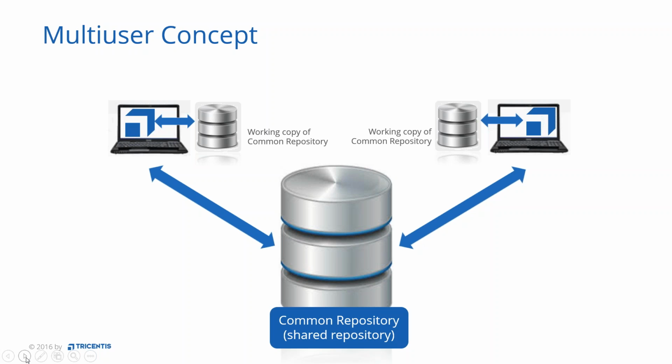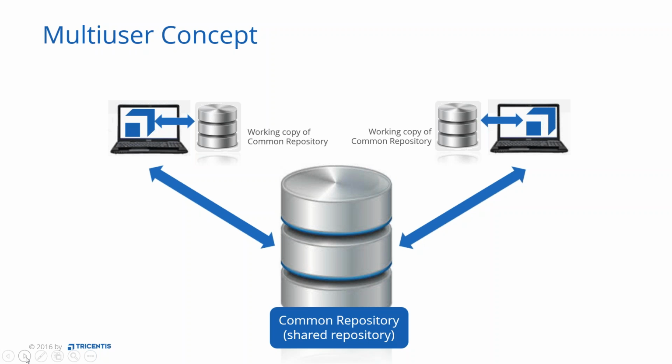When you first create the common repository, it also creates a workspace, and you as a user need to connect to that workspace. You will connect to that workspace using your username and your password, which the administrator will set up. What will then happen is your workspace, so your computer, will take a local copy of the common repository.